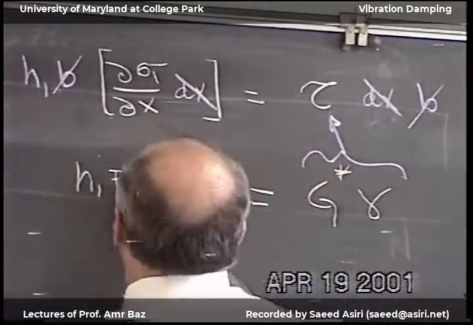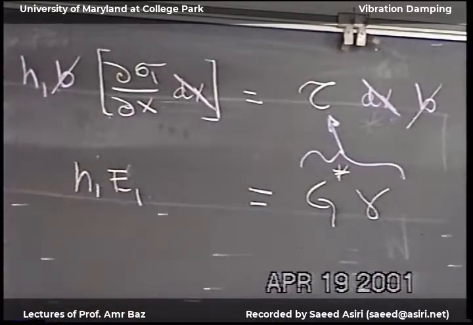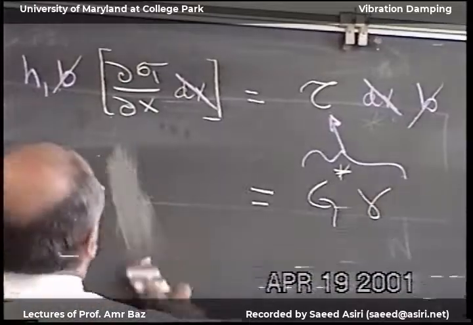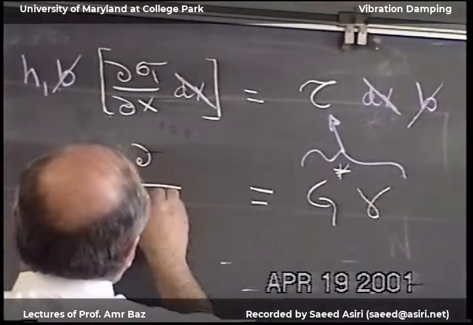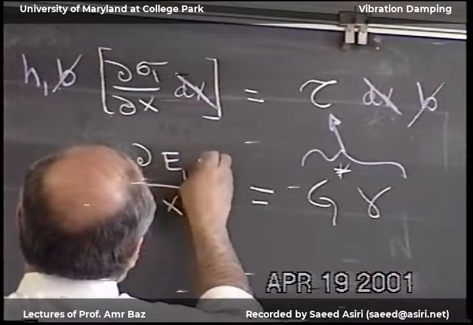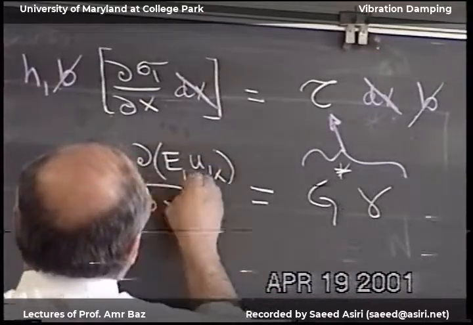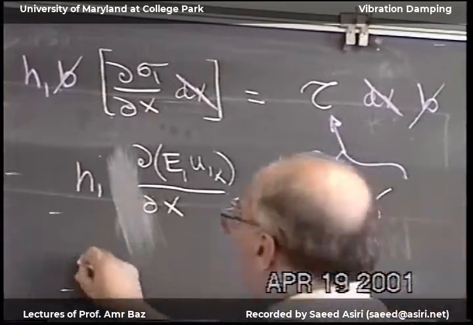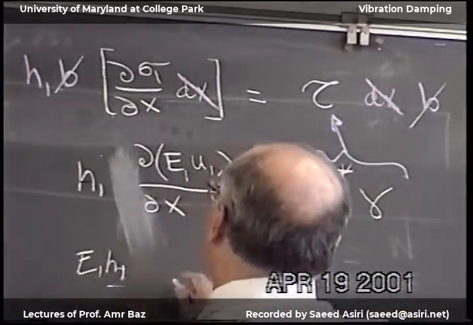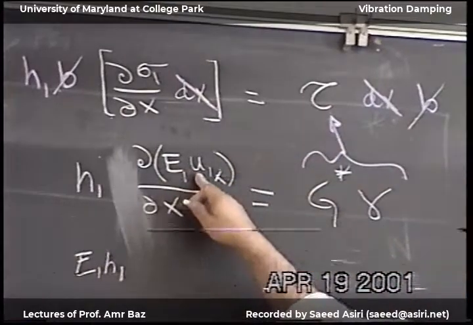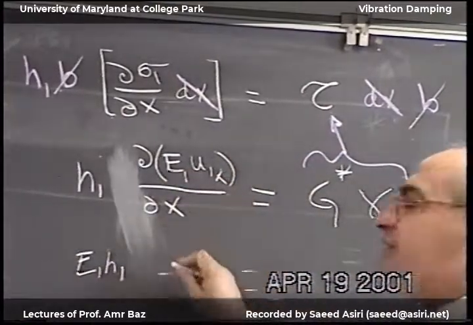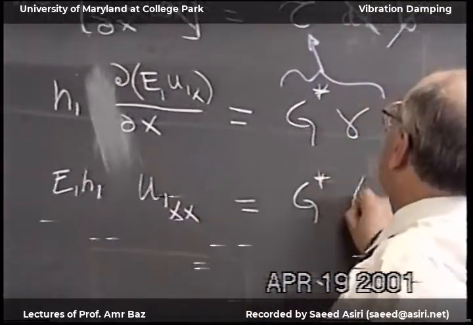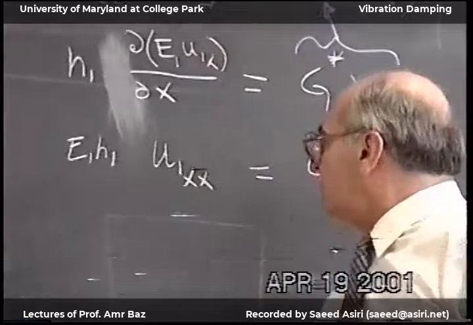Write it down like this: partial by partial x of Young's modulus times U1. I'll take the E1 outside, so I have E1 H1 partial U1 with respect to x, so this will be U1 xx and gamma.